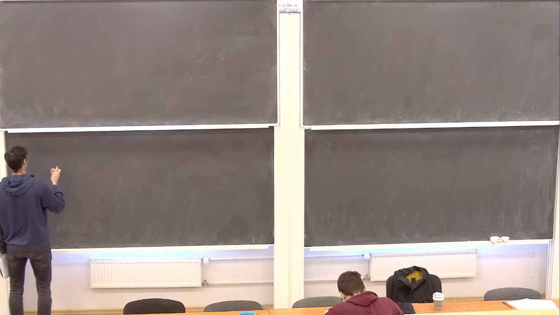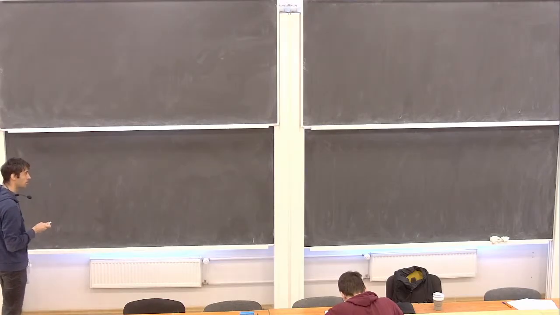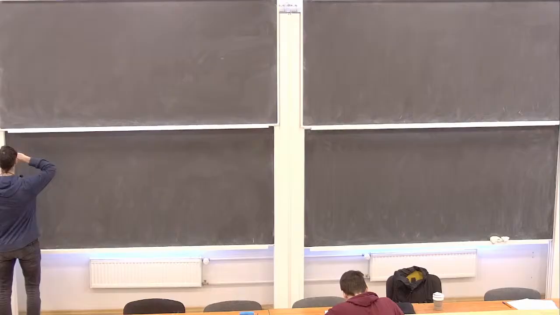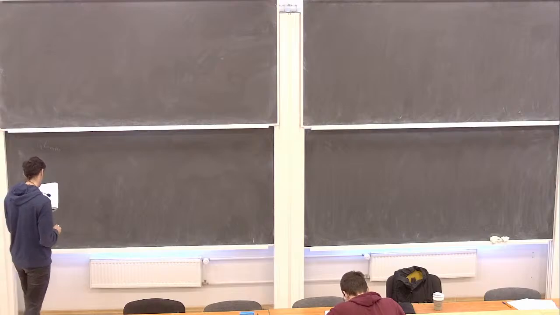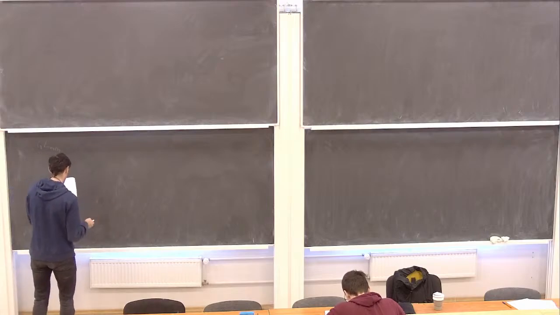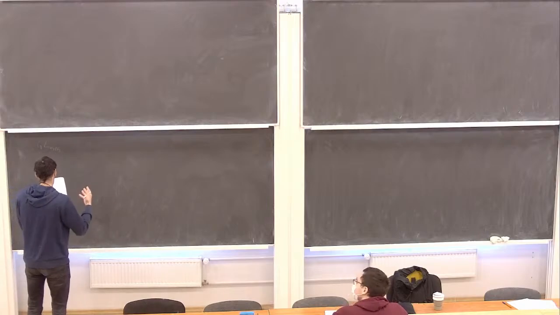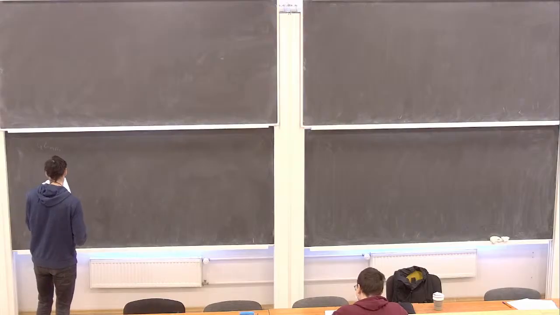So we're looking at examples of super Lie groups, and I would like to remind you about GL(m|n), because what follows will be a super Lie subgroup of that.